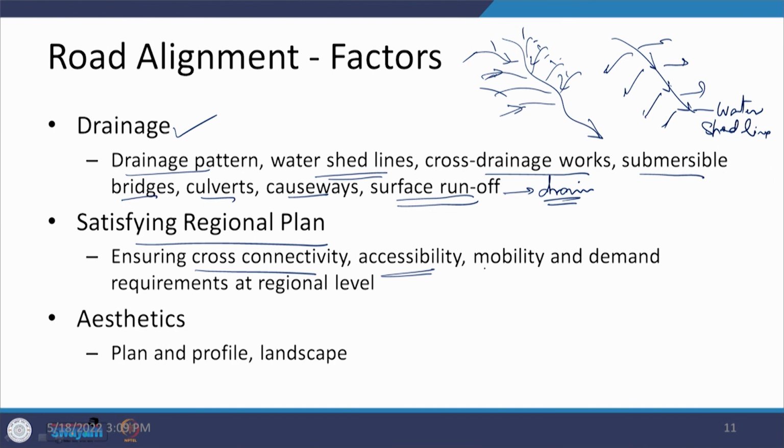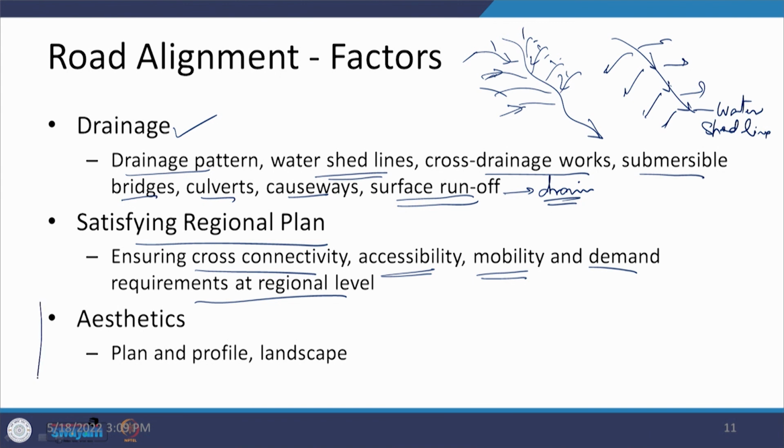We have to take into consideration how fast the movement can be provided from one location to another, and that is where we are talking about the expressways, we are even talking about rail systems like rapid rail systems, or the high speed rails etc. So, they are all part of those regional plans and the planning, and the demand requirements which are there at the regional level, which need to be satisfied by way of providing all of these facilities.